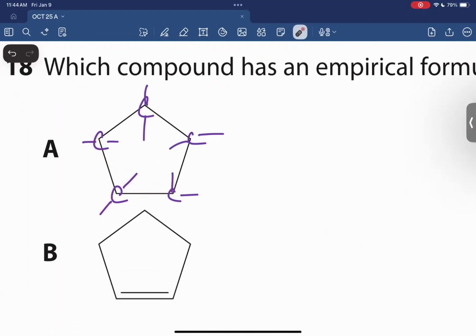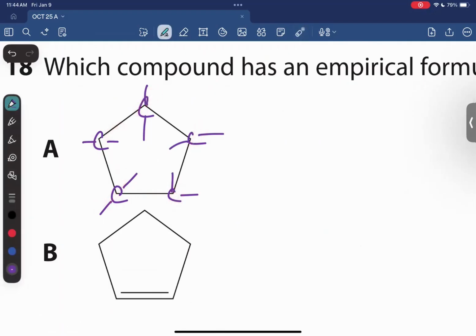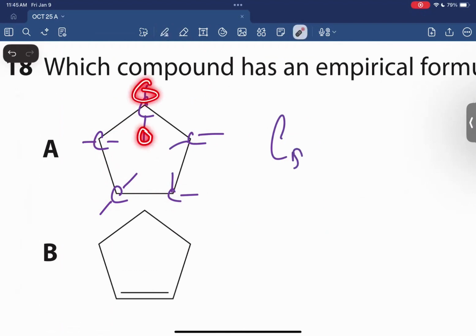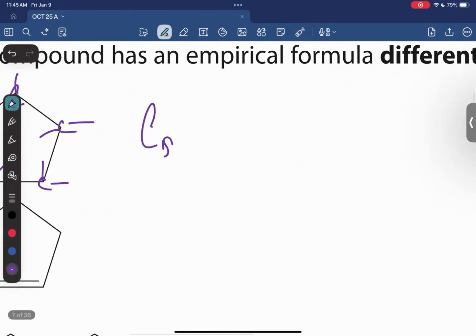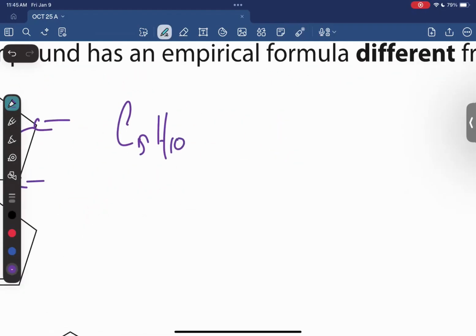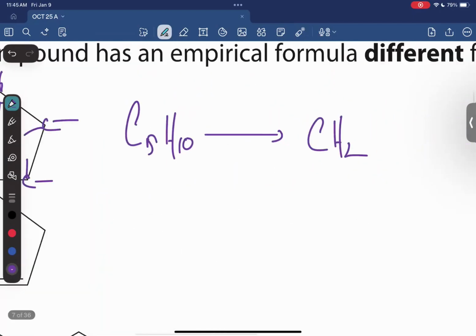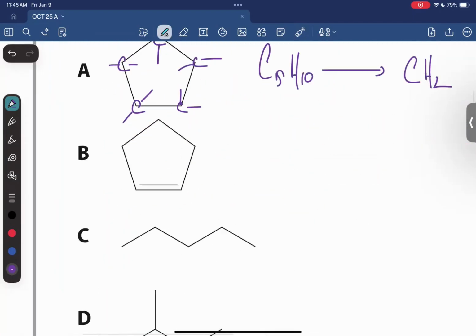So 1, 2, 3, 4, 5, so C5, and 1 through 10, H10. Now this was the molecular formula. Now the empirical formula should be CH2, right?